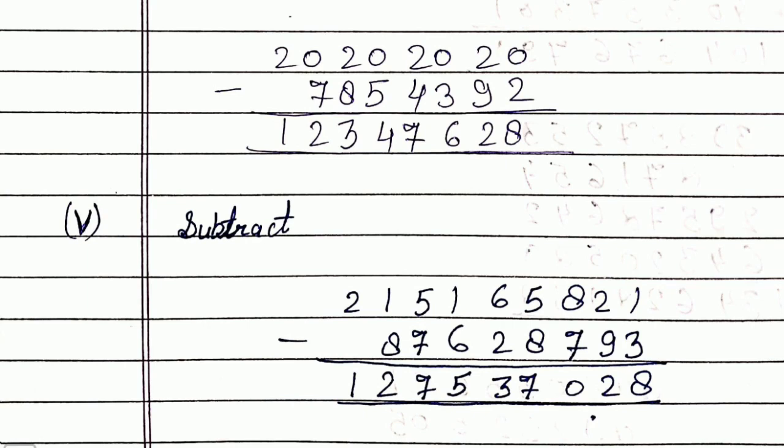So now here again we will start from the ones place. The number on top is 1 and at the bottom 3. So 1 is smaller than 3, we can't subtract. What we will do, we will borrow from the left side. So now it will become 11 and 2 will become 1. So like this we will subtract the whole number.